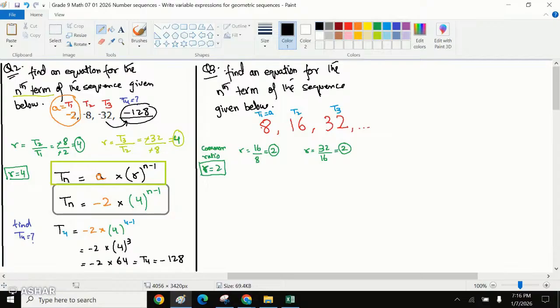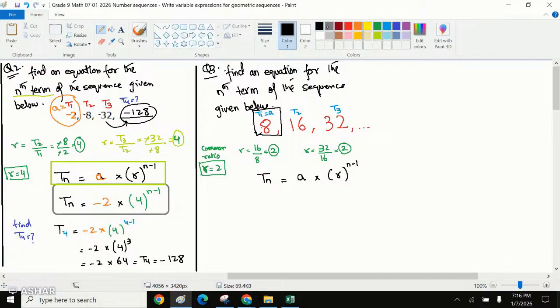So the formula we have is, we know that this is term number 1, which is equal to A. The formula we have is Tn is equal to A multiplied by the ratio to the exponent n minus 1, right?